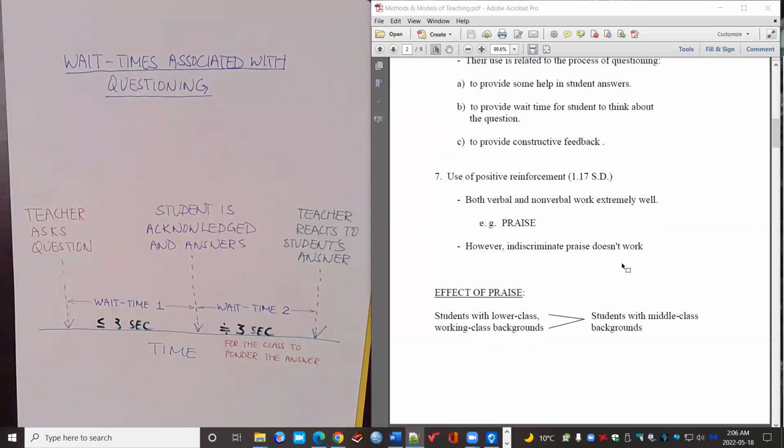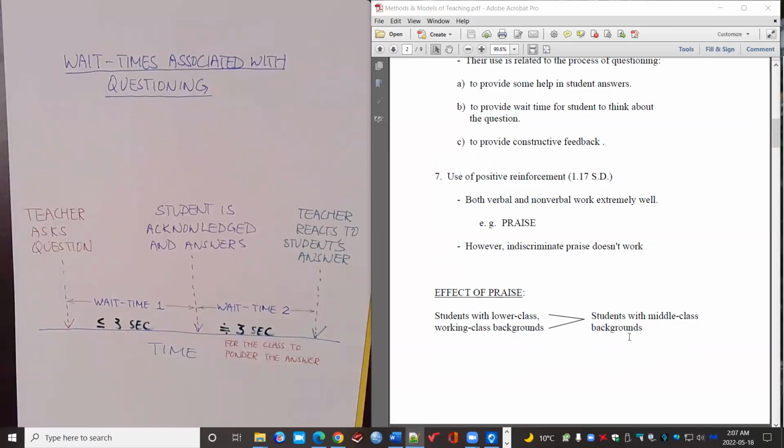It doesn't work. So let's say the effect of praise: for students with lower class or working class backgrounds, praise is much more effective than praise for students with middle class background.